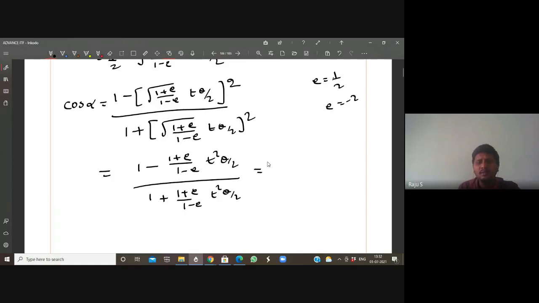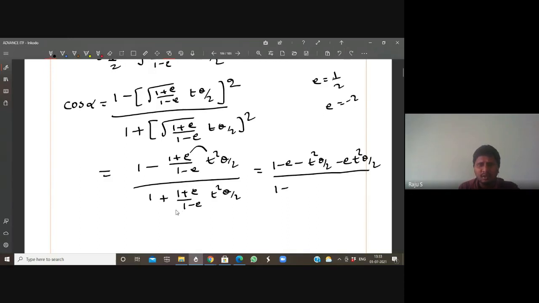Okay, this is equal to what? Why don't you take the LCM? The LCM in numerator and denominator is the same. Am I right? So (1 - e) minus, multiplying with tan^2 here, then minus tan^2(theta/2) minus e tan^2(theta/2). If you have not understood any step, you can ask. Okay, you must be asking, right?